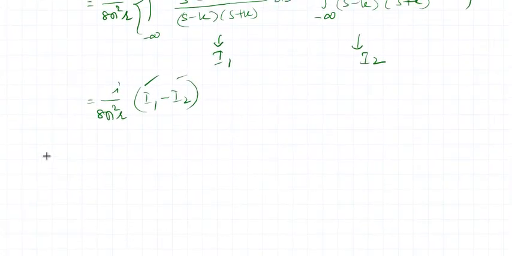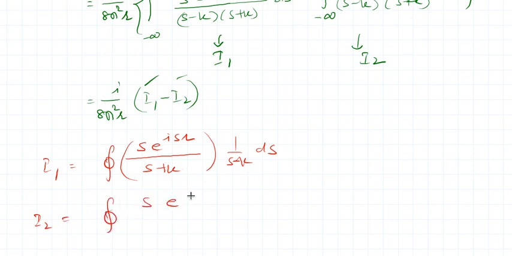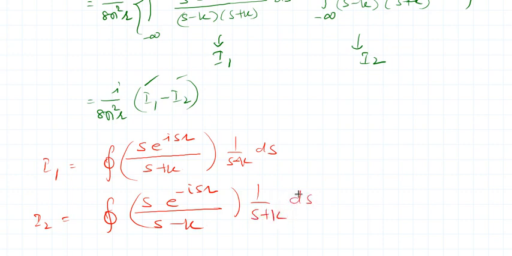So this integral I1 can be written as a contour integral of s e raised to power iota sr divided by s plus k, into 1 over s minus k, ds, and I2 comes out to be s e raised to power minus iota sr divided by s minus k, into 1 over s plus k, ds.